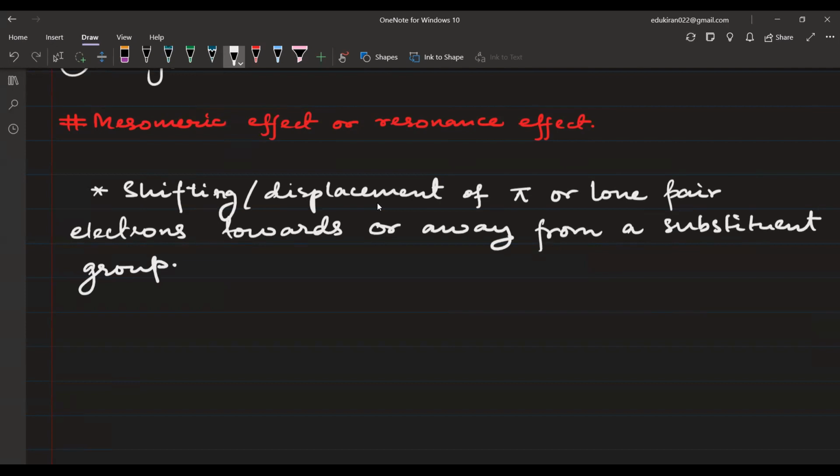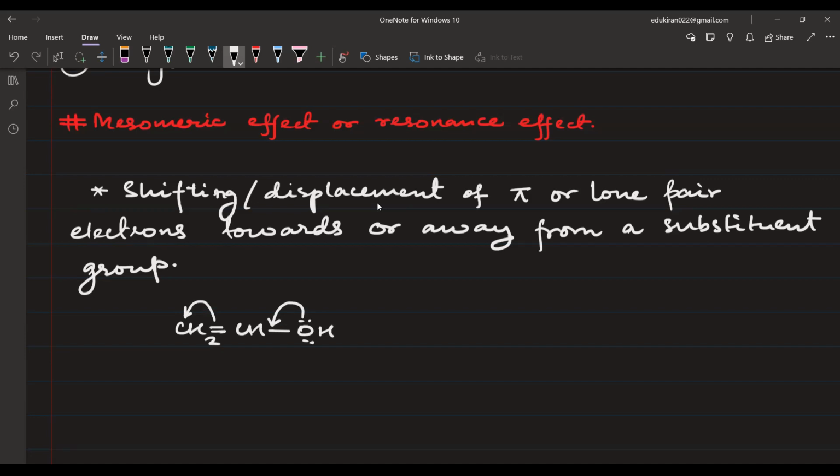Okay, so for example, if you have CH2 double bond CH, single bond OH. Now, in the resonating structure, you are going to move the electrons from the oxygen atom like this and like this. As you can see, the oxygen atom is giving electrons towards the carbon atom.